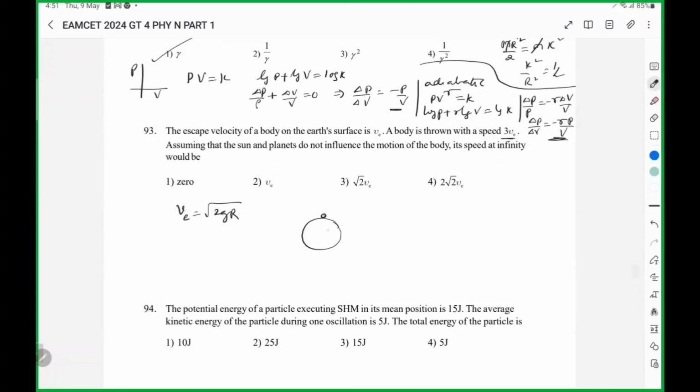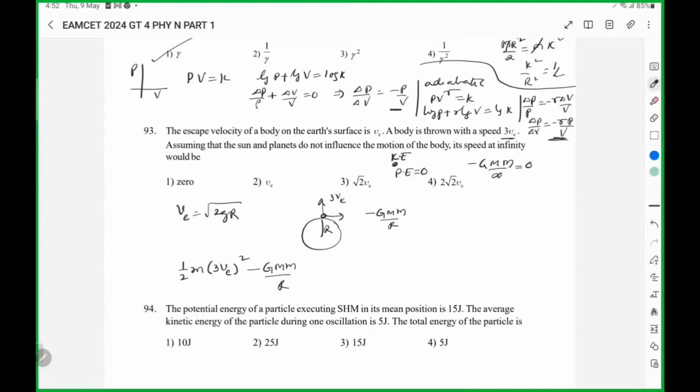the object is on the surface of the Earth of radius R, it has a potential energy this, and it is given a velocity 3v. The total energy it has is half m (3v) square minus GMm by R. When it reaches infinity, the potential energy is 0 because it is minus GMm by infinity.